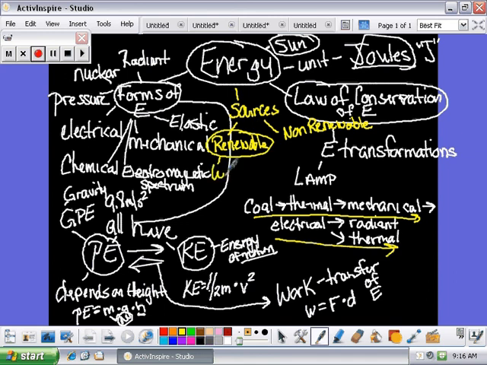What are our renewable sources? We have water, which is our hydropower. Solar. Wind.